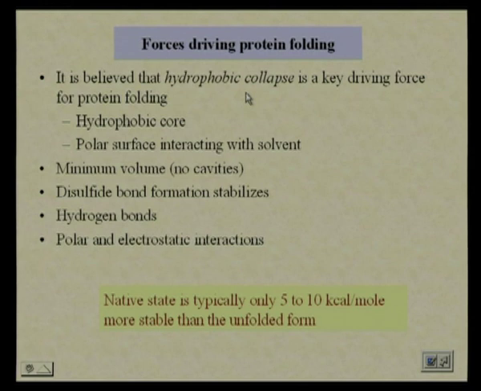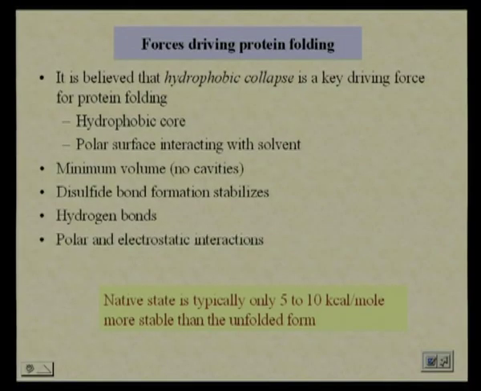So, it may so happen that initially when the polypeptide chain is formed, there is a hydrophobic collapse, meaning that there is a hydrophobic core formed first, and the rest of the protein chain then will gradually form alpha helices or beta sheets or interconnectors such as loops or turns to bring about the three-dimensional structure.